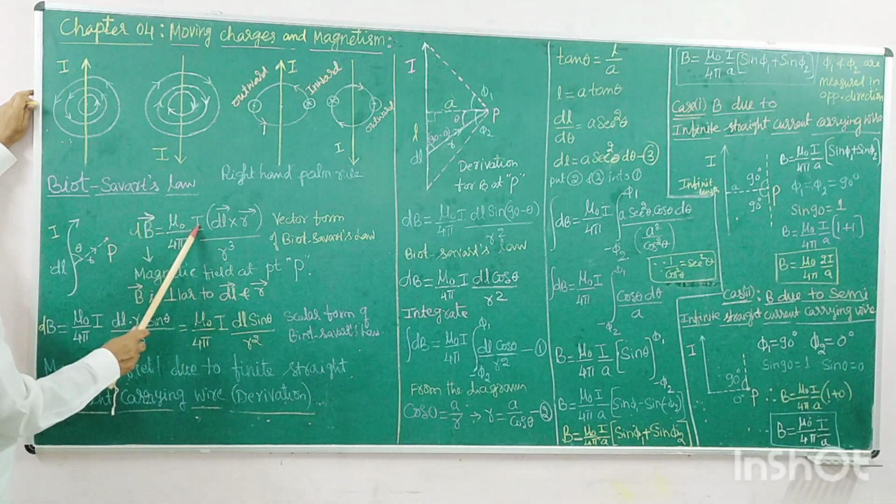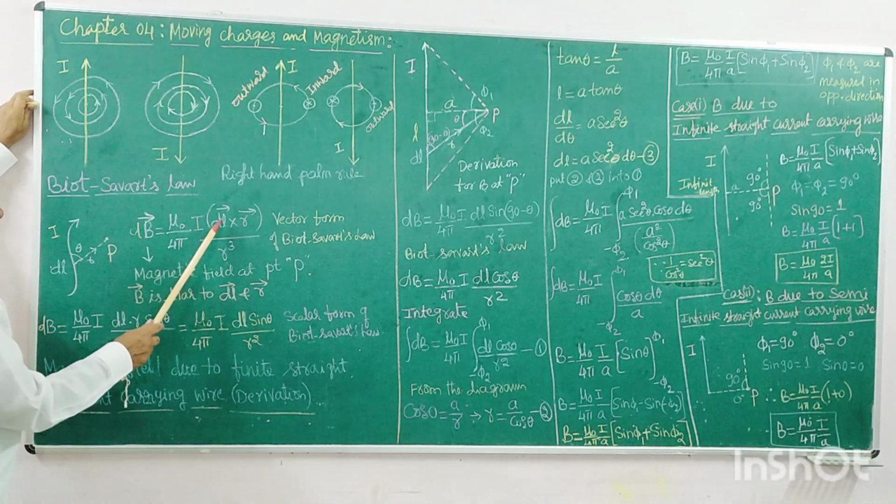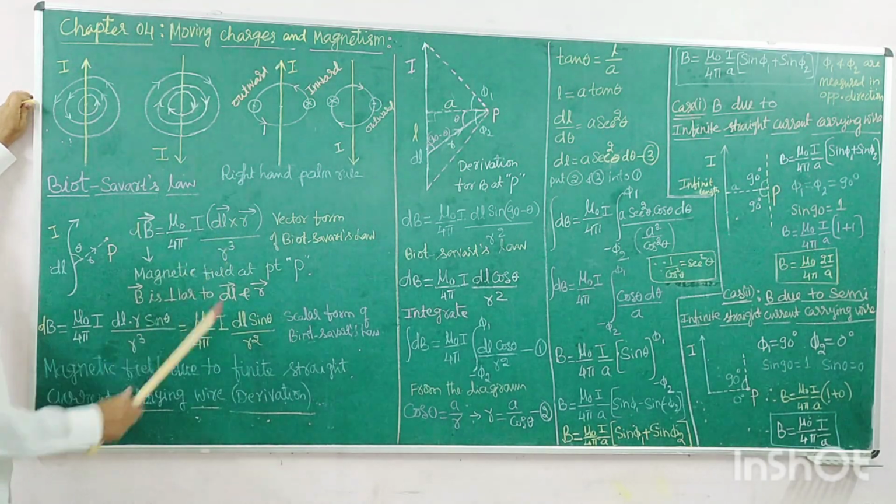It depends on the current strength as well as the magnitude of dl and the magnitude of r.